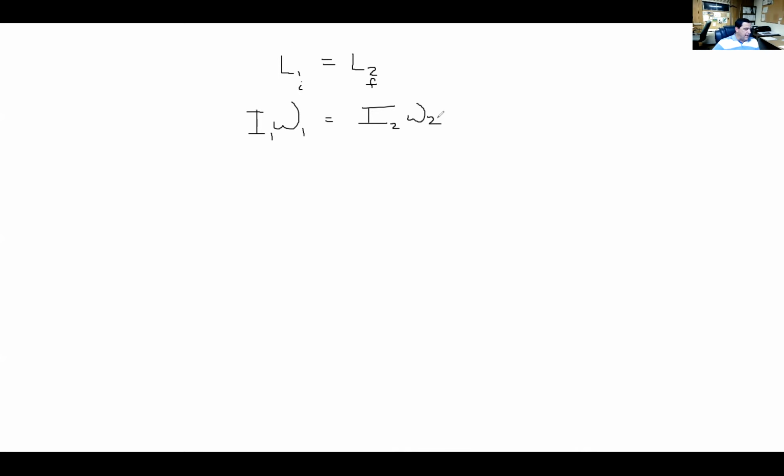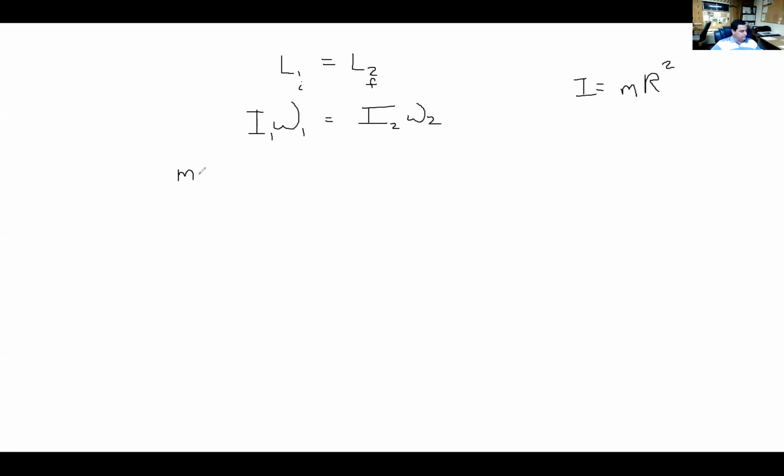So we're going to treat this little mass just as if it were a small particle. So the moment of inertia for a small particle is m r squared.